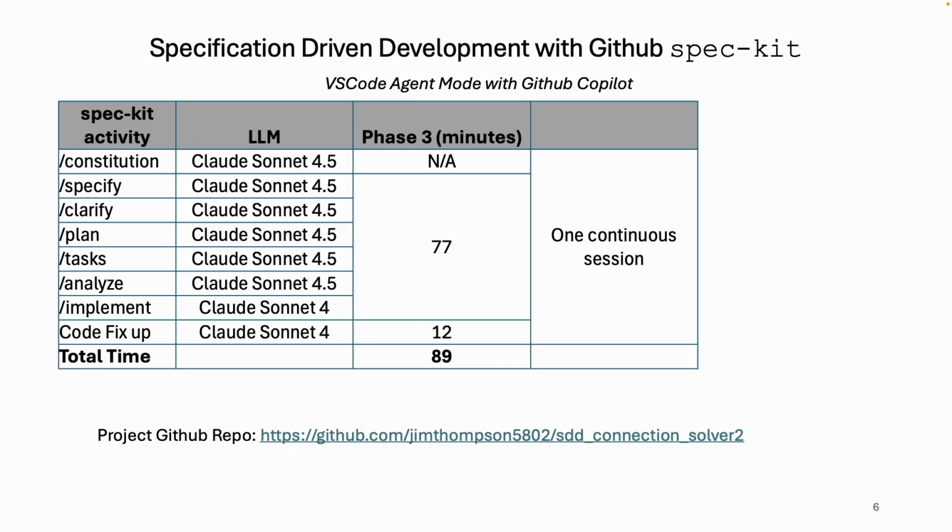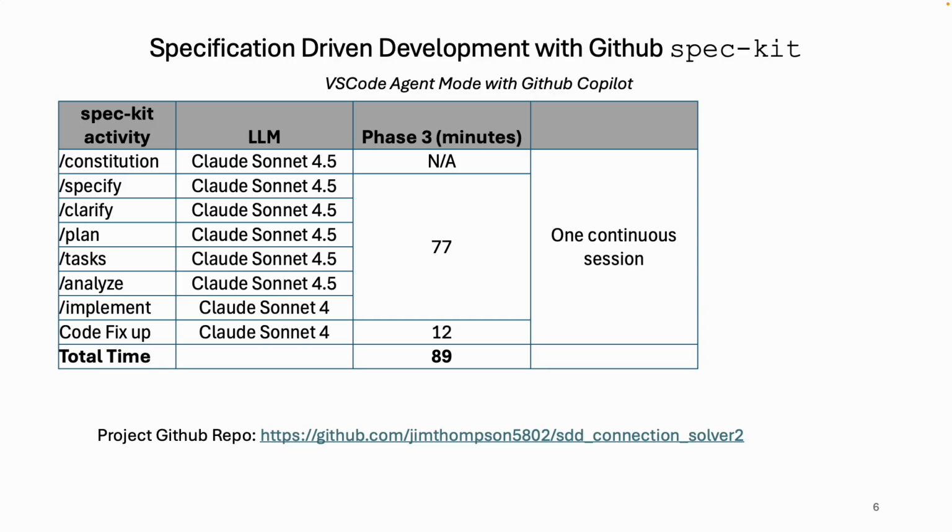For specification and planning stages, Claude Sonnet 4.5 was used instead of Claude Sonnet 4 due to its key improvements for coding, reasoning, and long-running task handling. Sonnet 4.5 does seem to take longer, but the increased capability appears to justify the additional time. Duration for these stages, including the implementation, was about 77 minutes.